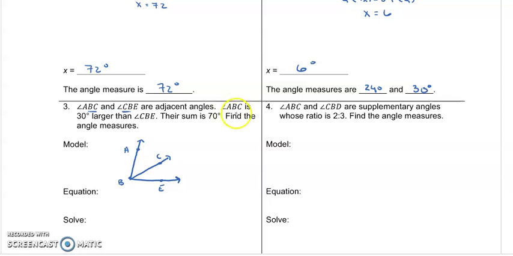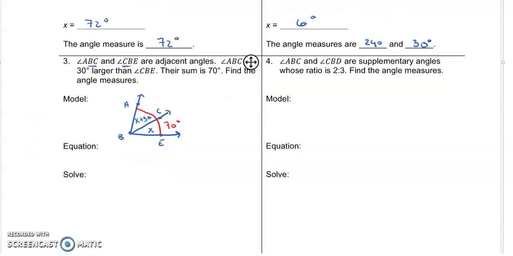So then it tells me that ABC, this one right here, is 30 degrees larger than this one. So if this is x, 30 degrees larger would be x plus 30. And it tells me that all together, it's 70 degrees. So I can already see my equation coming out here. x plus the x plus 30 will give me the 70.